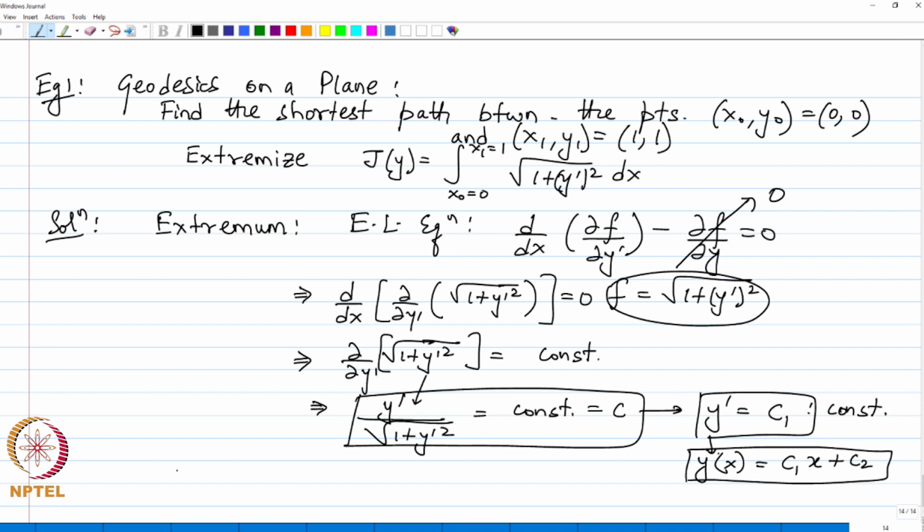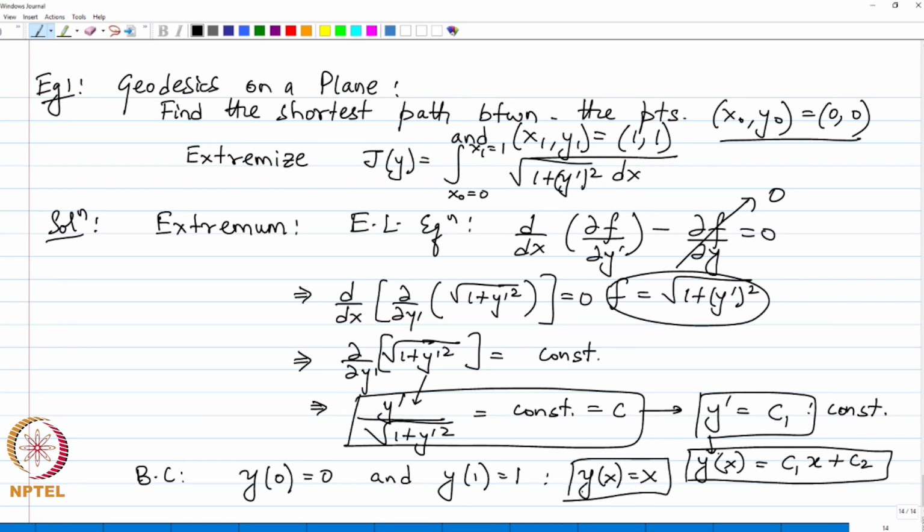Now, from the boundary conditions, y at 0 is 0 and y at 1 is 1, we get that the extremal y of x is equal to x. So, the geodesics on a plane come out to be a straight line, and with the necessary boundary conditions we can eliminate all the involved constants to arrive at a particular solution to the problem.